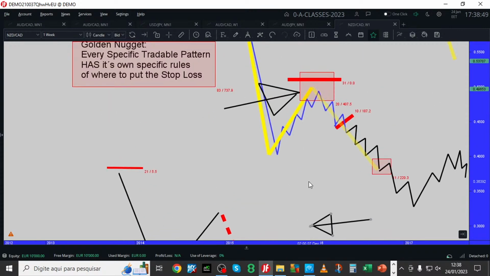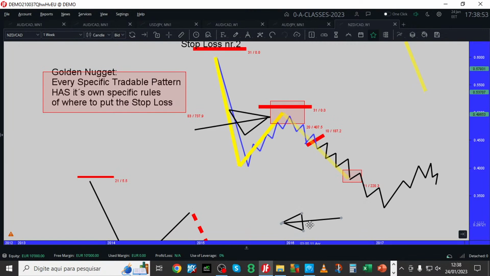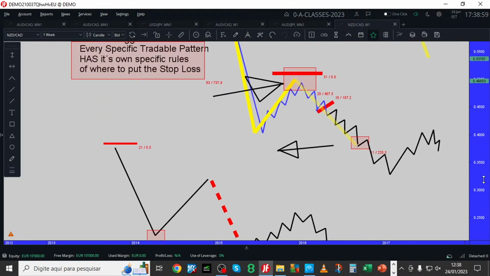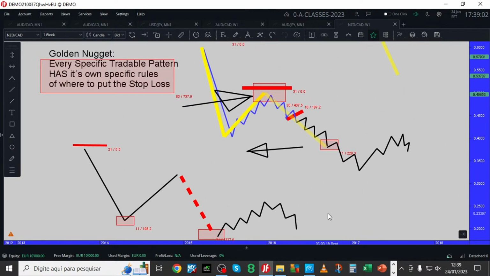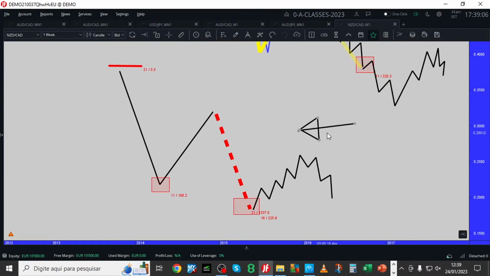Next golden nugget. Some of you are losing still because you put the stop loss in the wrong place. Some of you might lose because you are entering in extensions instead of retracements. This is a big one too. Make sense?